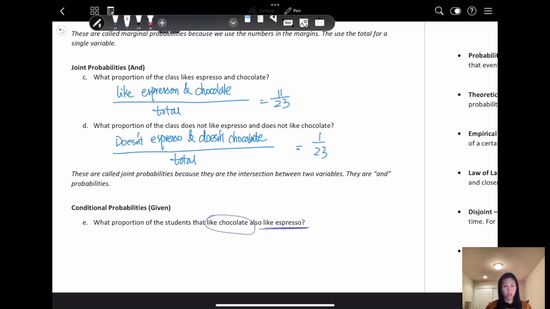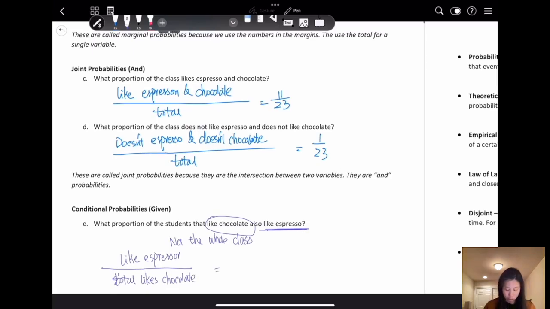First of all, we're not looking at the whole class. That means we're not looking for the total amount of the class who likes espresso. We're looking for the students who like espresso over the total amount of students who like chocolate.